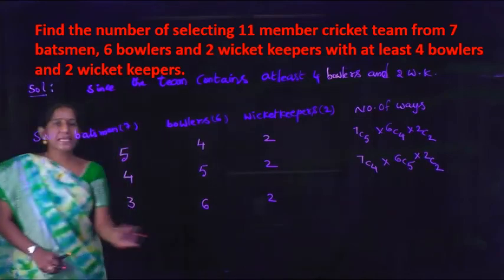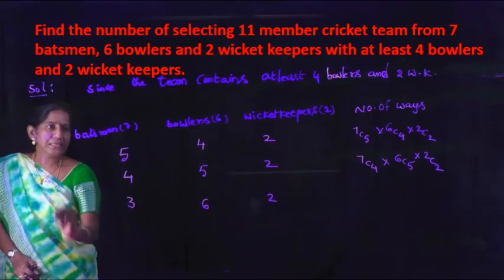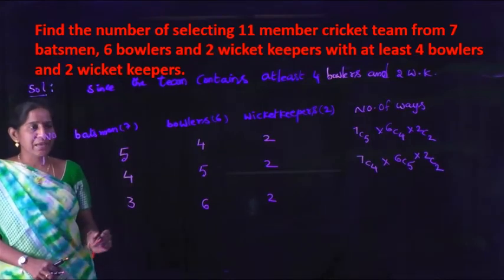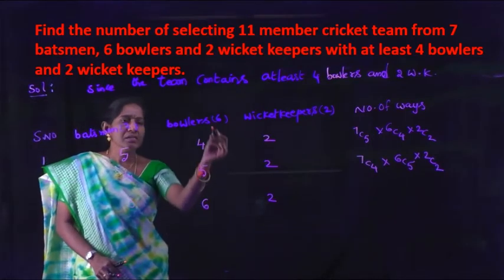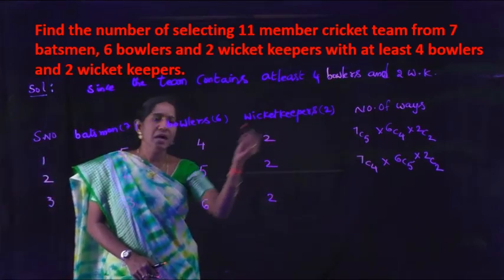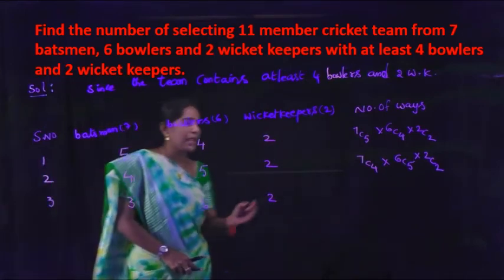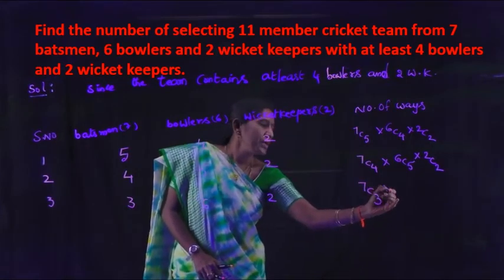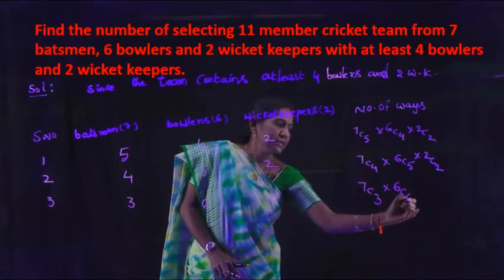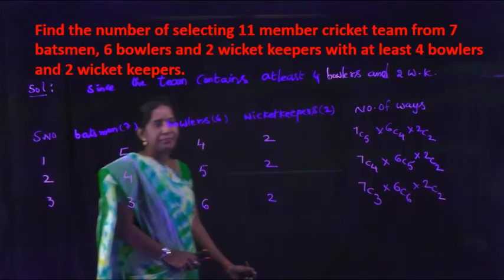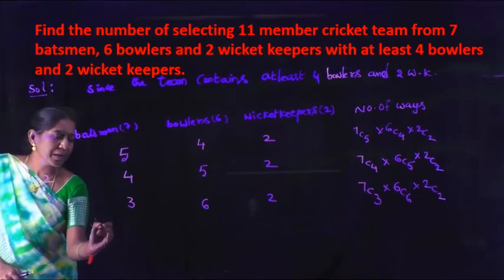And third one, select 3 batsmen out of 7 batsmen, 6 bowlers out of 6 bowlers and 2 wicket keepers out of 2 wicket keepers can be done 7C3 into 6C6 into 2C2 ways. Therefore, total number of ways.